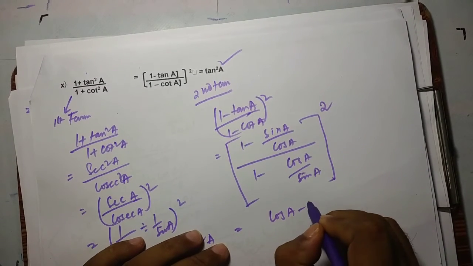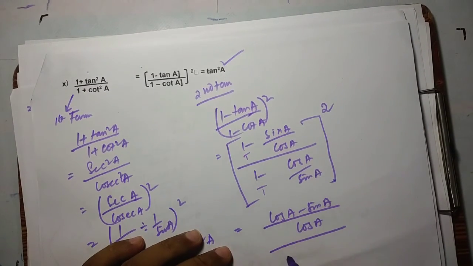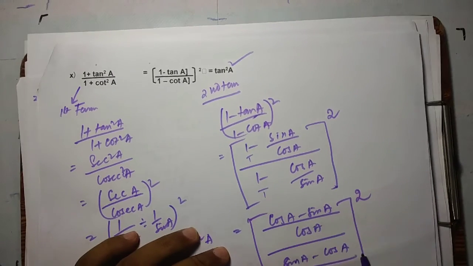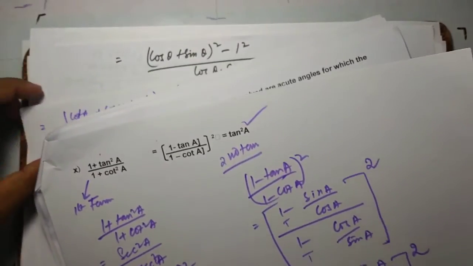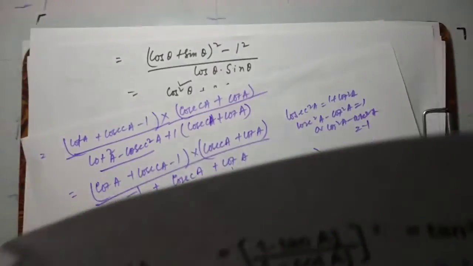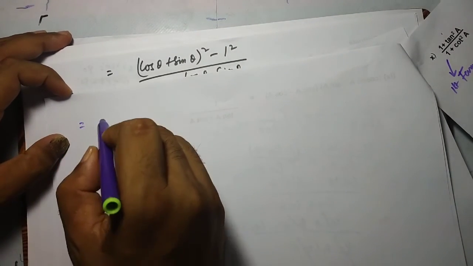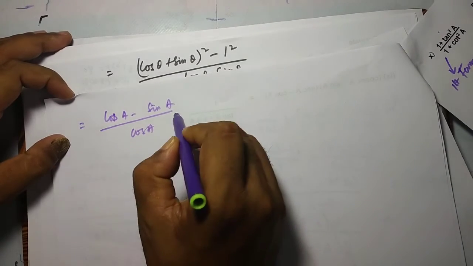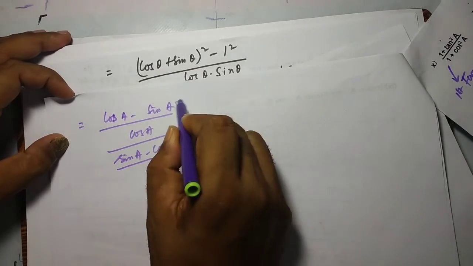So the LCM gives cos A minus sin A over cos A, over, again the LCM, sin A minus cos A over sin A. Let me rewrite again: this is cos A minus sin A over cos A, and this was sin A minus cos A over sin A, whole square.